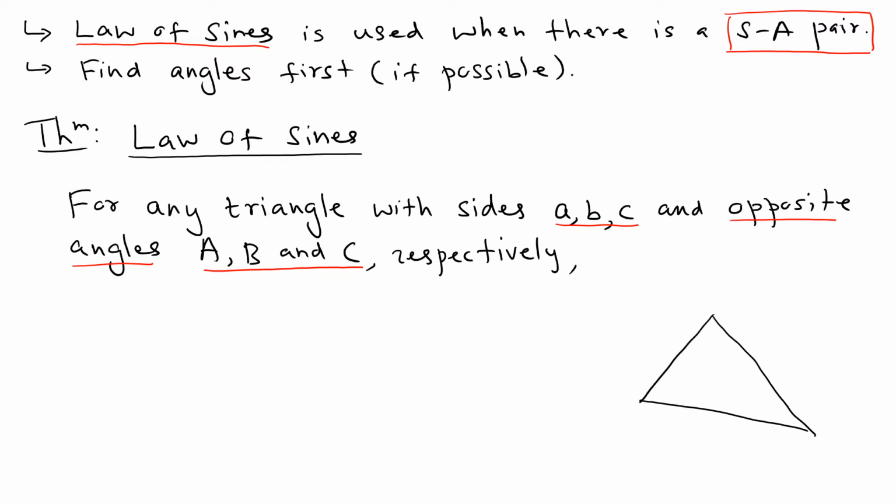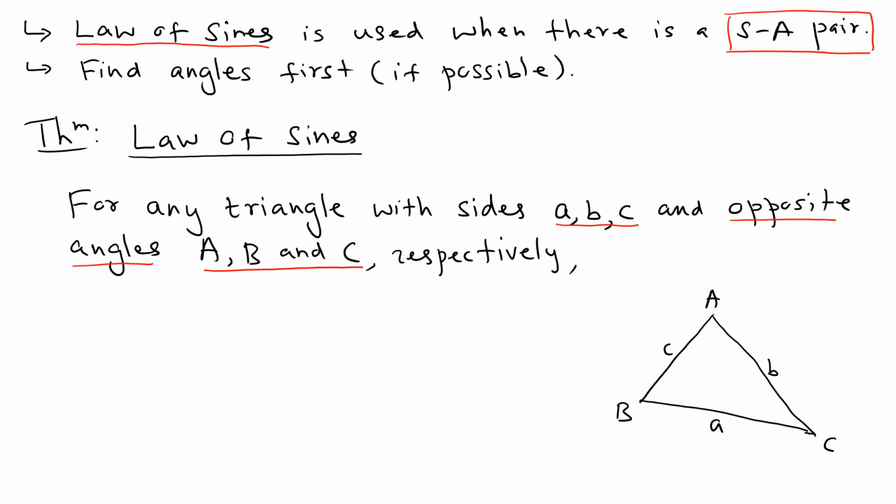I'm going to call the angles A, B, and C. We use the standard naming convention that we discussed in the previous lecture. The corresponding sides are: this side is b, this side is c, and this side is a. Those are the opposite sides, so you can see the angle A is opposite to side a.